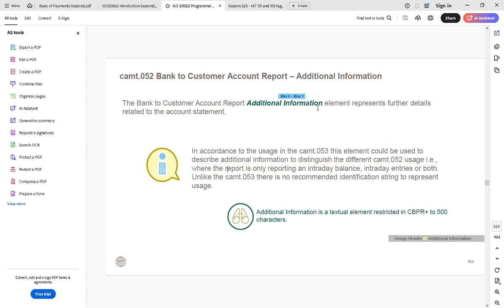Bank to customer additional information. Yeah, this may be important. What additional information are we sending? In accordance with the usage in the CAMT50, the element could be used to describe additional information, distinguished between CAMT52, where the report is only reporting intraday balance and intraday entries in both. Unlike the CAMT53, there is no recommended administration present in usage.